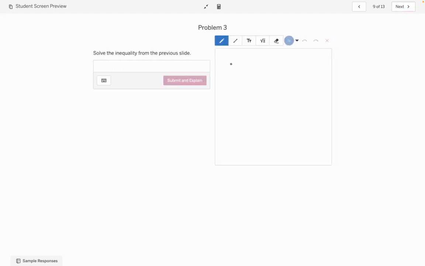Now we're going to solve. So we have 4 parentheses x minus 5 is less than or equal to 65. You could solve this by distributing, or you could solve by dividing first. It's your choice.